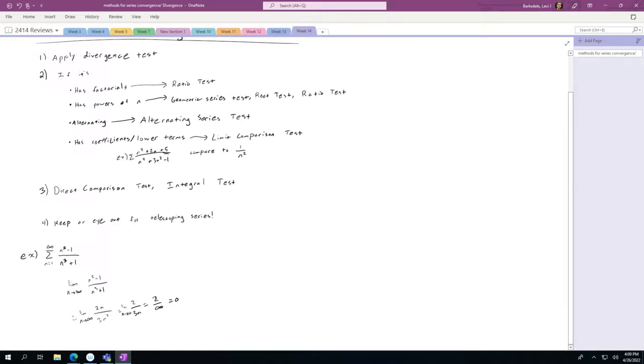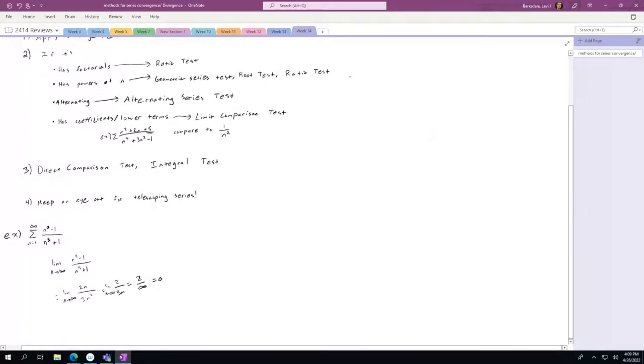We can look at the other options. Is it a factorial, so we could do the ratio test? Or, not factorial, I lied. It has coefficients, but it doesn't have n as a power, right? When I say powers of n, I mean something to the nth power.